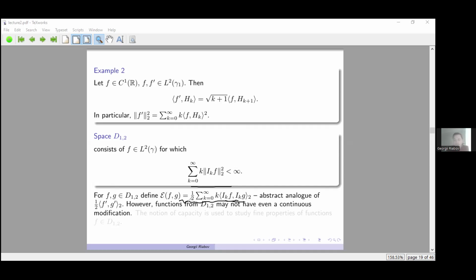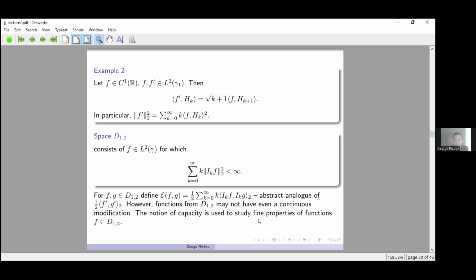But we defined it in the situation of a general Banach space. It turns out that in the infinite dimensional case, functions from the space D may not even have a continuous modification.